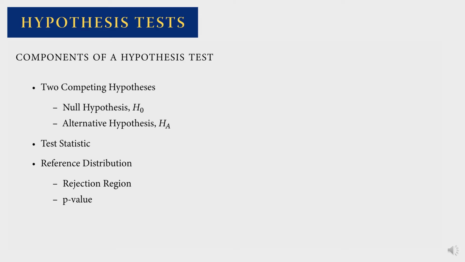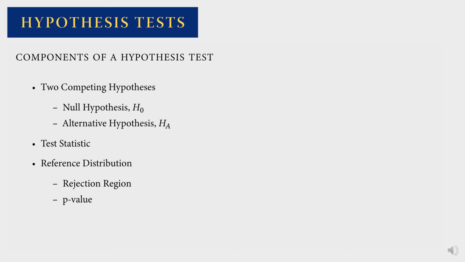We always assume that the null hypothesis is true. Under the null hypothesis, the test statistic will follow some distribution. This allows us to compute the probability of getting the test statistic under the null hypothesis. If this probability is really low, we will reject the null hypothesis and accept the alternative.